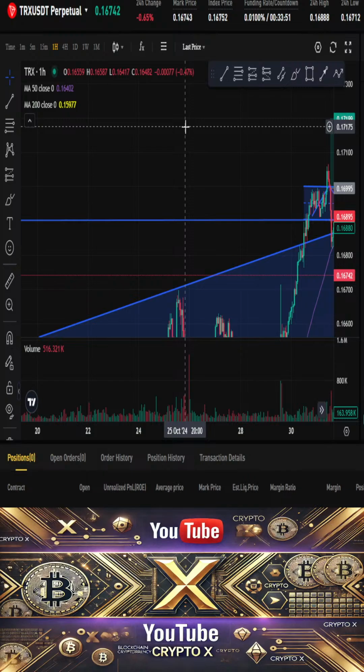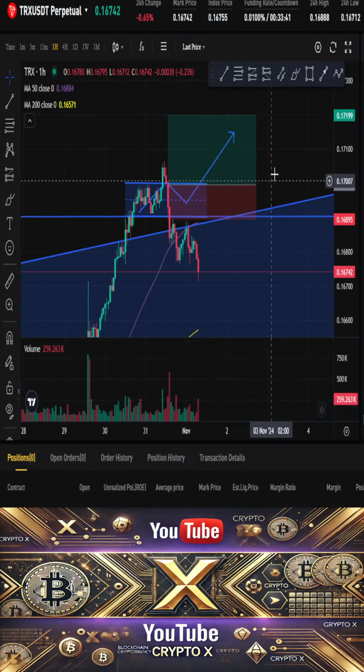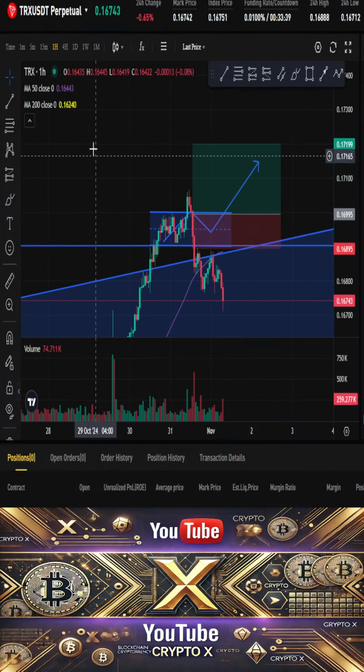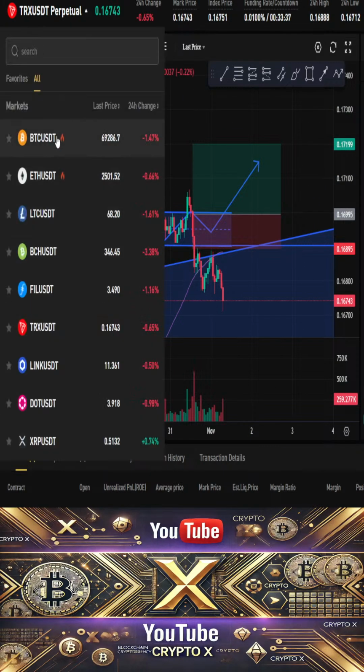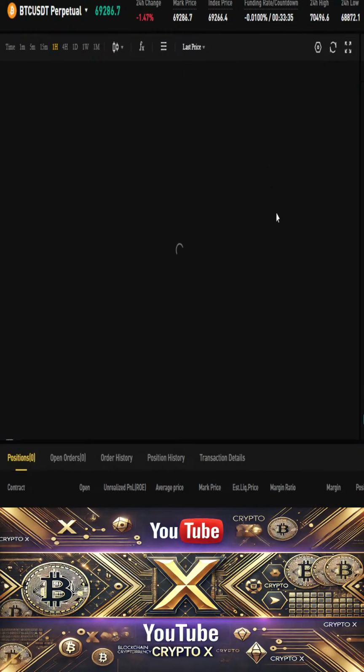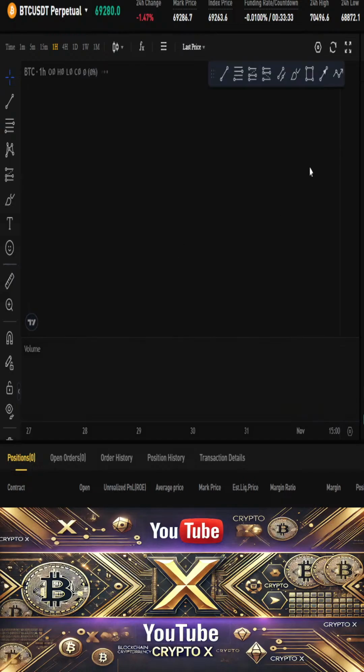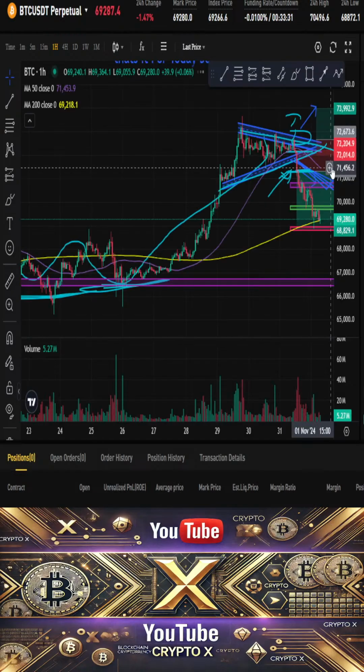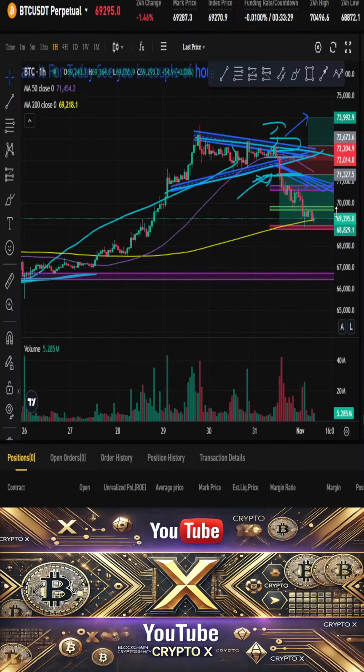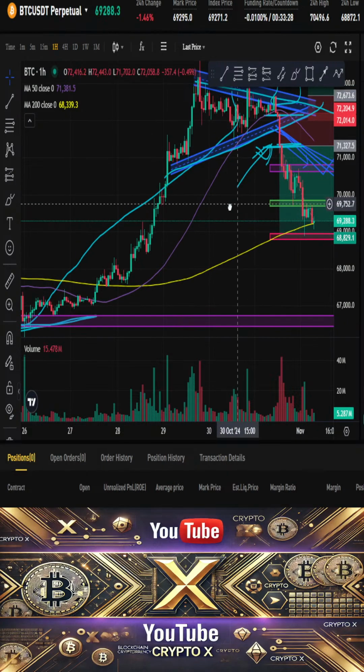So divide your capital into some trades, like you can take around 7 to 8 trades or around 5 to 6 trades. I'm dividing it in 4, so I got a SL here, but you can see my trade was very successful in BTC and I made a lot of money in this one.